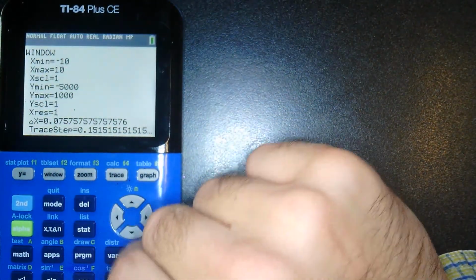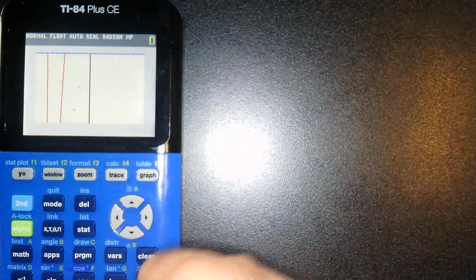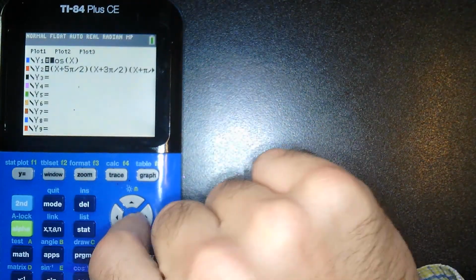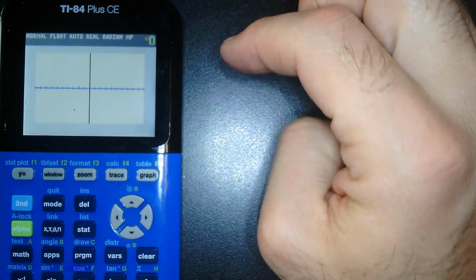I don't think 1,000 is going to cut it. Let's go 5,000. Negative 5,000 to 5,000. Graph that sucker. Oops. Let's try again. Cosine function, and here comes our polynomial.